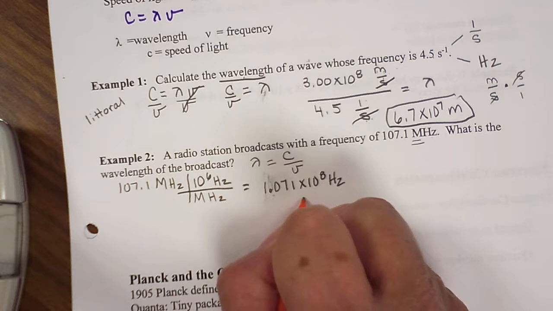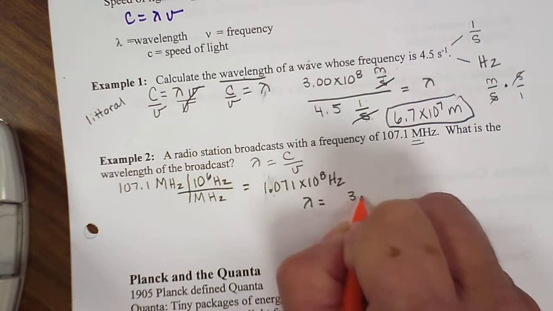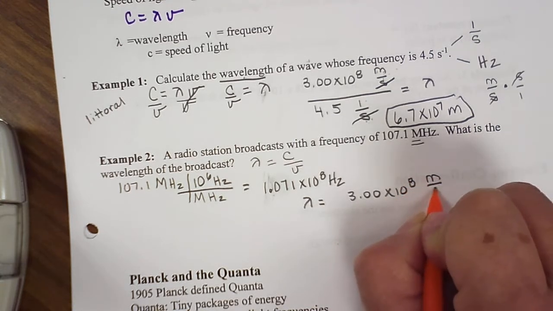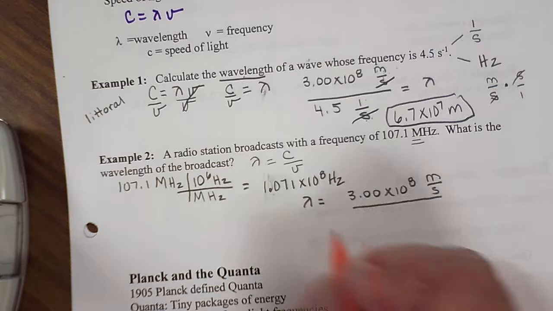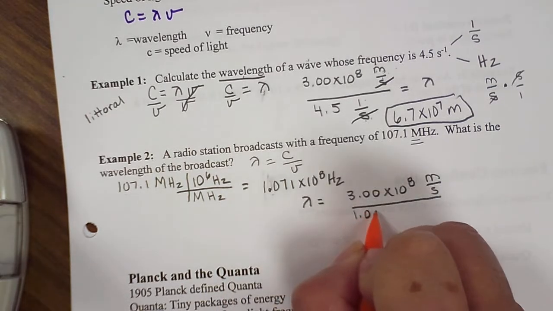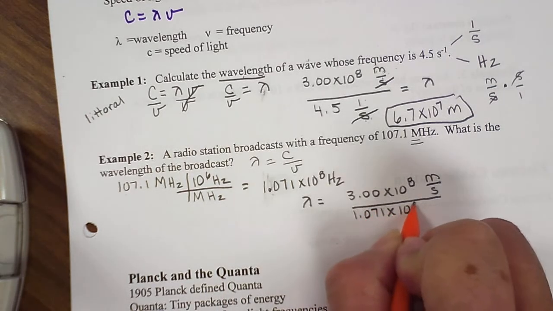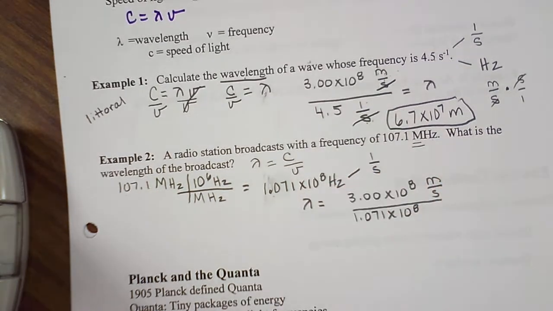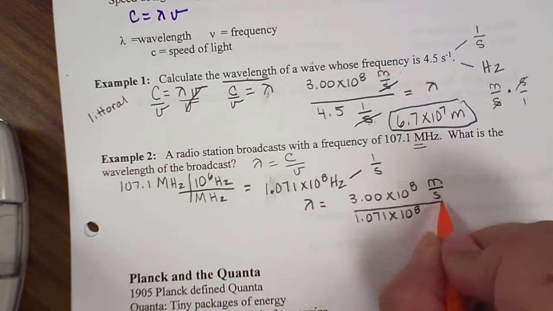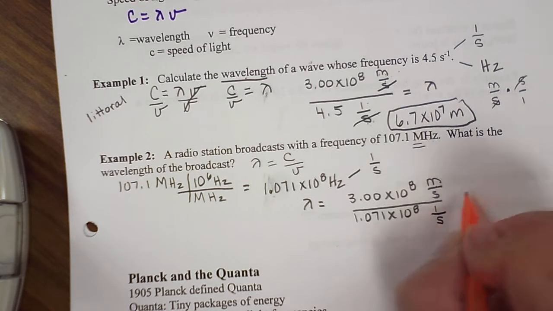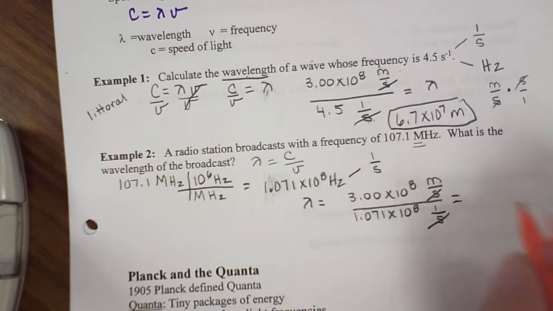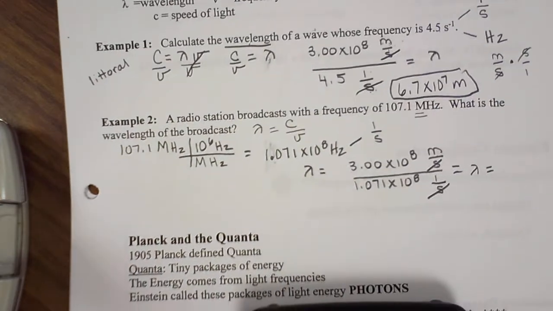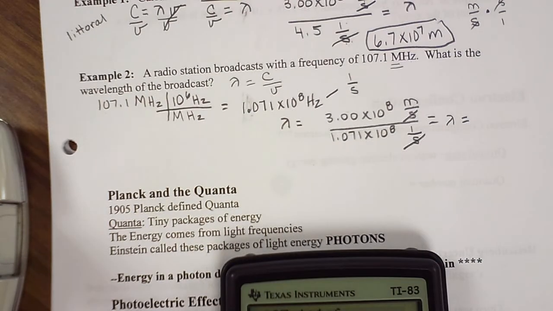Now I'm ready. Wavelength equals 3.00 times 10 to the 8th meters per second over my frequency, 1.071 times 10 to the 8th hertz, which is 1 over seconds. That's what I need to use here so that I can cancel out my seconds and get meters, because wavelength is in meters.